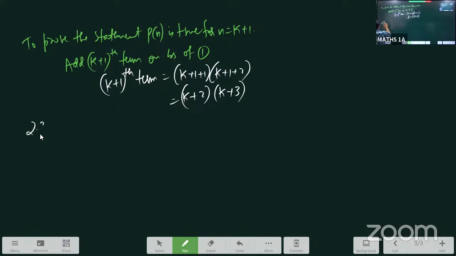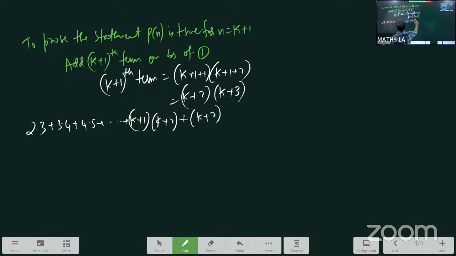So I'm adding: 2 into 3 plus 3 into 4 plus 4 into 5 plus so on plus k plus 1 into k plus 2 plus k plus 2 into k plus 3, that is equal to what it was.